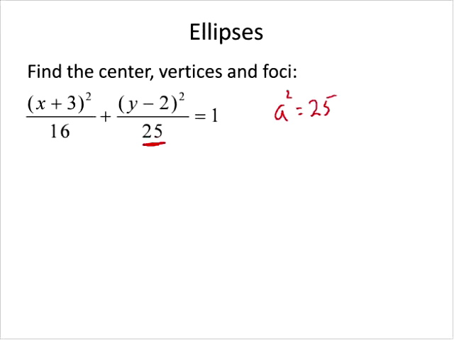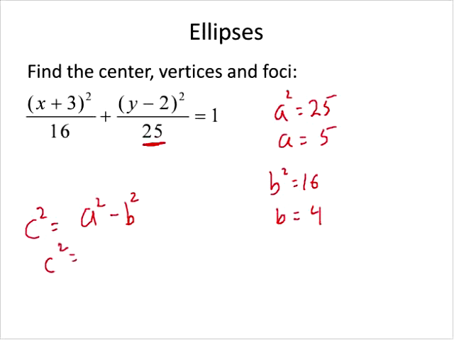So let's see. a squared is 25, which means a will be 5. b squared equals 16, so b will be 4. c squared is always equal to a squared minus b squared. So c squared is equal to 25 minus 16. So what does c squared equal? 9. So that means c will be 3.